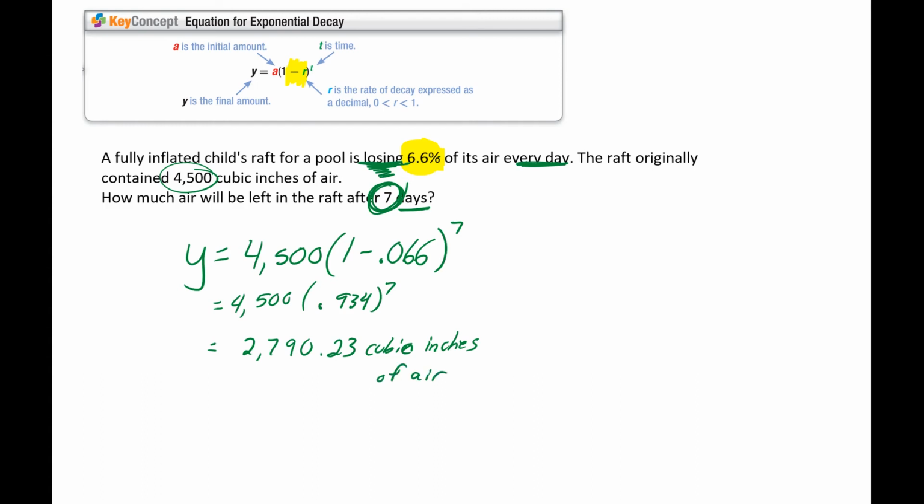Notice our amount of air is less than what we started with. That's good. It sure better be, because it said we're leaking air. We're losing air at that rate. So 2,790. Example of exponential decay. The only difference between exponential decay and growth, as far as the formulas go, is that minus or plus. And it matches up with what you'd intuitively think. As my rate decreases, it's going to be minus R. If it's exponential growth and I'm increasing by a rate, I will go plus that R.